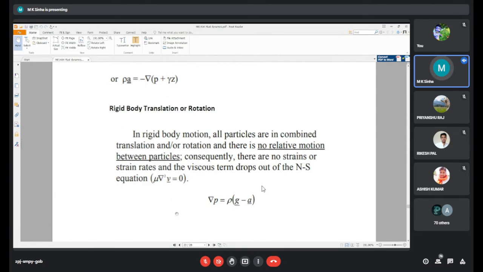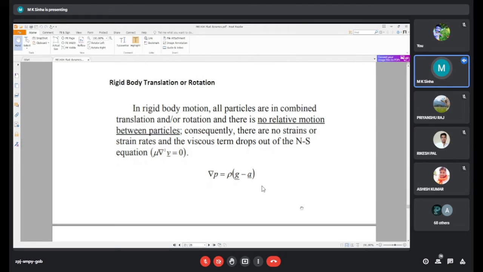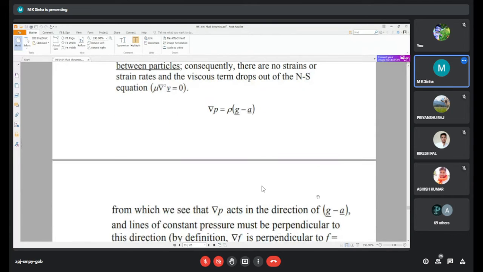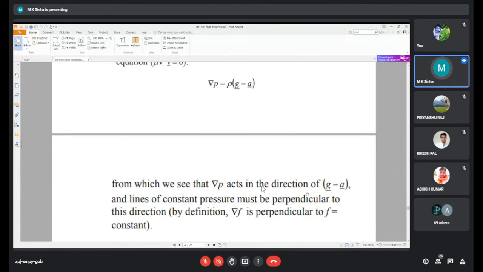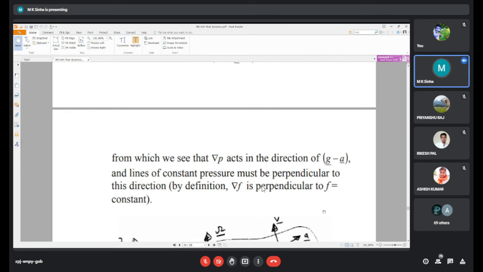From the Navier-Stokes equations, rho A equals minus the pressure gradient plus rho G plus the viscous term mu del squared V, which equals 0. Rearranged, del P equals rho times (G minus A), which gives the direction. So the lines of constant pressure must be perpendicular to this direction.